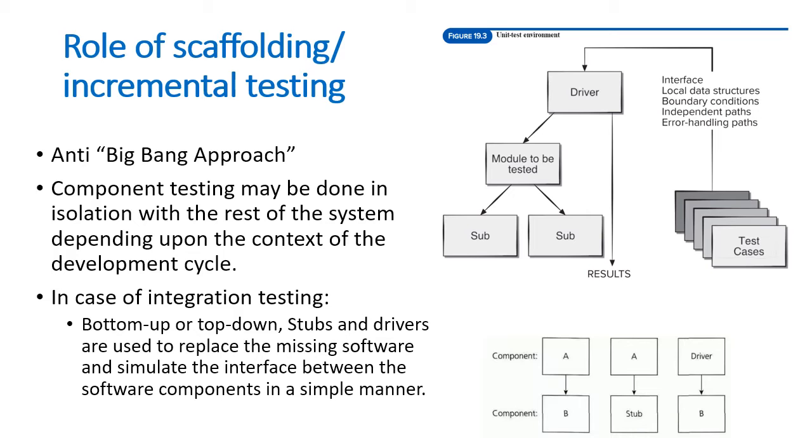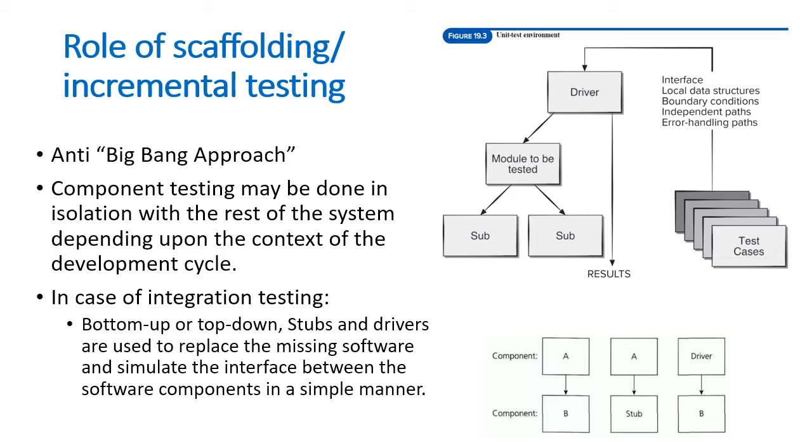The more popular approach is incremental testing, sometimes also called scaffolding. So what happens in incremental testing? First, we know that component testing may be done in isolation from the rest of the system, and it depends upon the context of the development cycle. So what happens in integration testing?